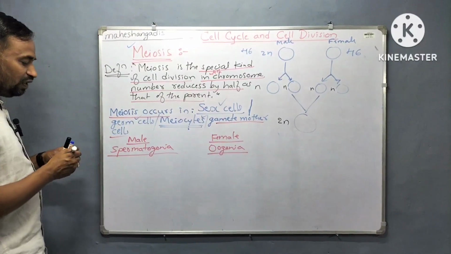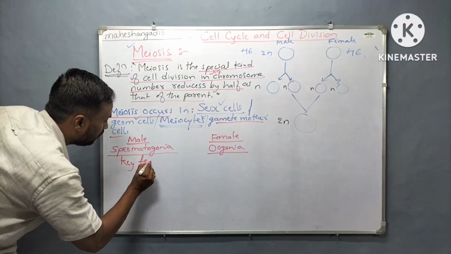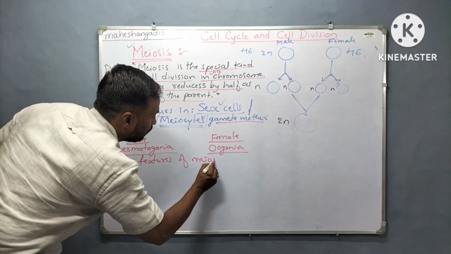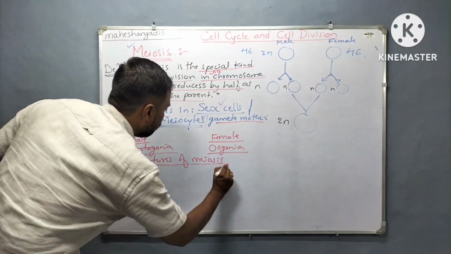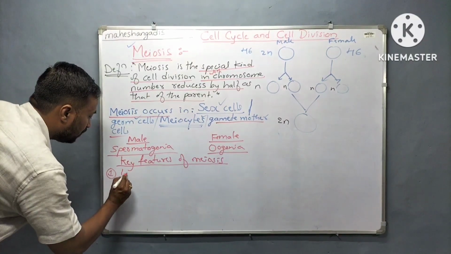Then, what are the key features of meiosis? Let's talk about the key features of meiosis. The first key feature is that it is an equational division.